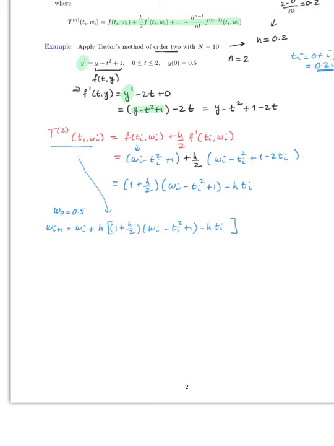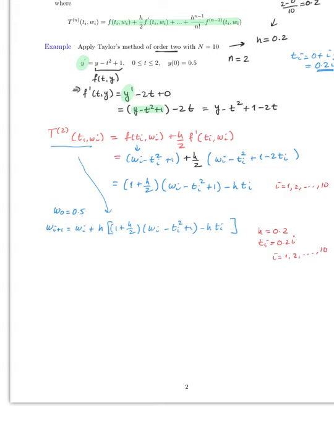Remember the h is equal to 0.2 in this case, and ti is equal to 0.2i, and this is true for i equals 1, 2, all the way to 10, which is also the case here. i equals 1, 2, all the way to 10.